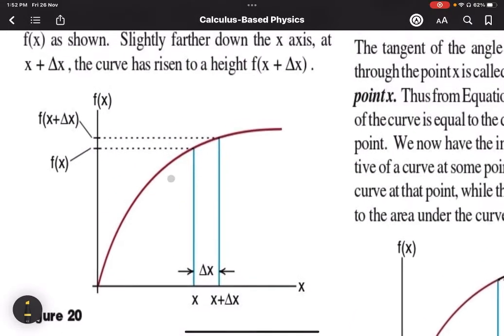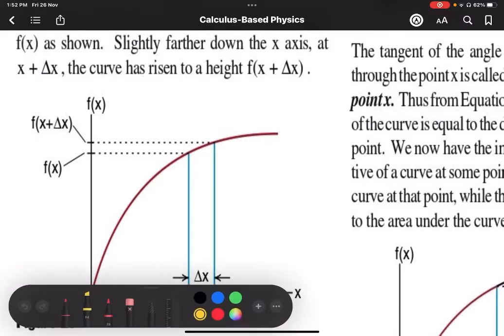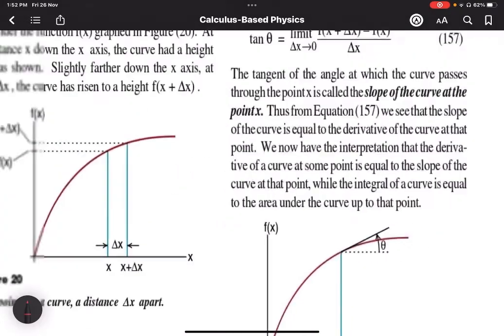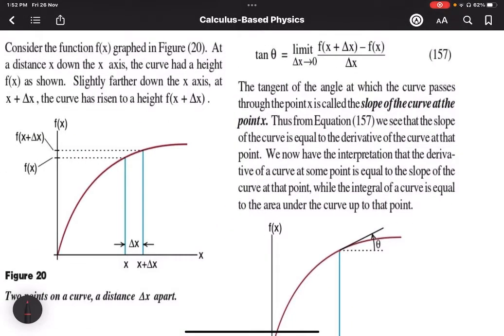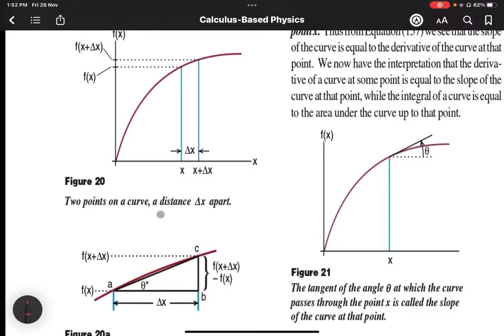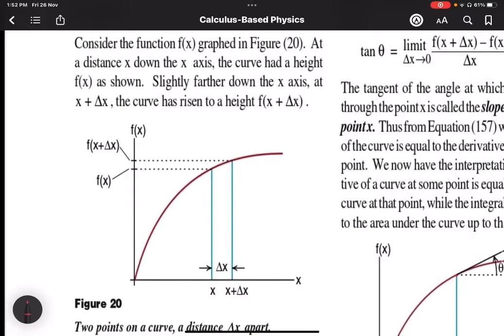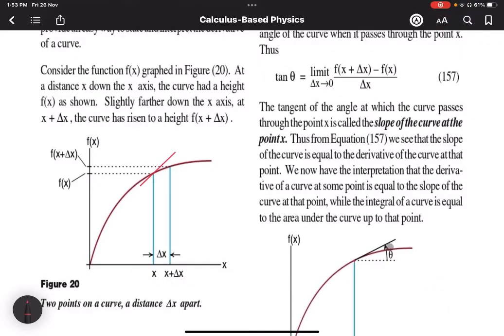Pag sinabi mong slope at pag sinabi mong tangent, yun yung line adjacent to the slope, no? Makikita nyo dito, yun yung tangent line. Ito yung ating point x. Pag nag-draw ka ng tangent line, ibig sabihin, from here, dadaan ka rin sa point, direction. Kaya makikita nyo, pareho, di ba?